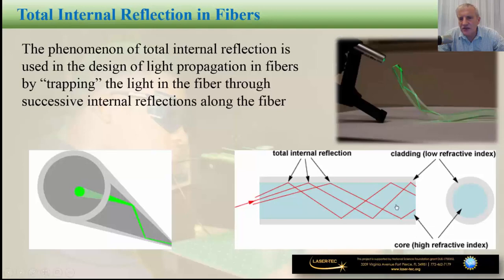The core has a higher index of refraction than the cladding, so when the light hits the boundary between the core and the cladding and tries to propagate into the cladding, which has a lower index of refraction, we launch the light from specific directions that enable total internal reflection. The light is contained within the core and keeps bouncing back and forth through it, and that's how we transfer information from one side of the optical fiber to the other. That's a basic explanation of how optical fibers work.